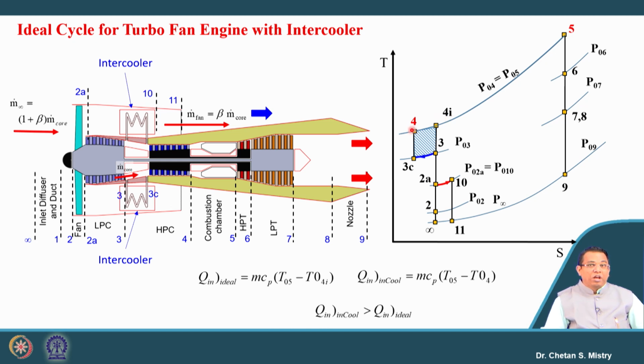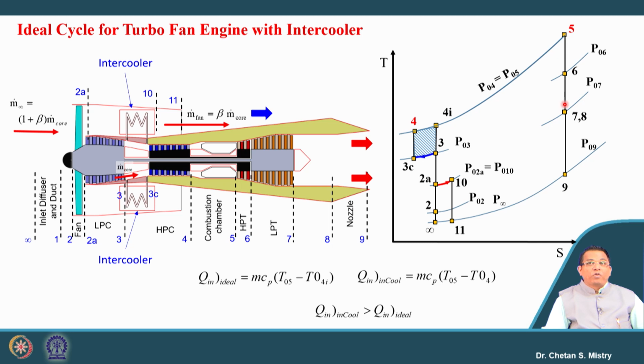So we can say by incorporating this intercooling, we are getting the benefit in terms of achieving additional amount of work. At the same time, since we are able to get the same amount of work done with less amount of turbine work, that will be increasing our exit enthalpy, meaning we are able to increase our exit velocity and thereby we are improving our thrust.